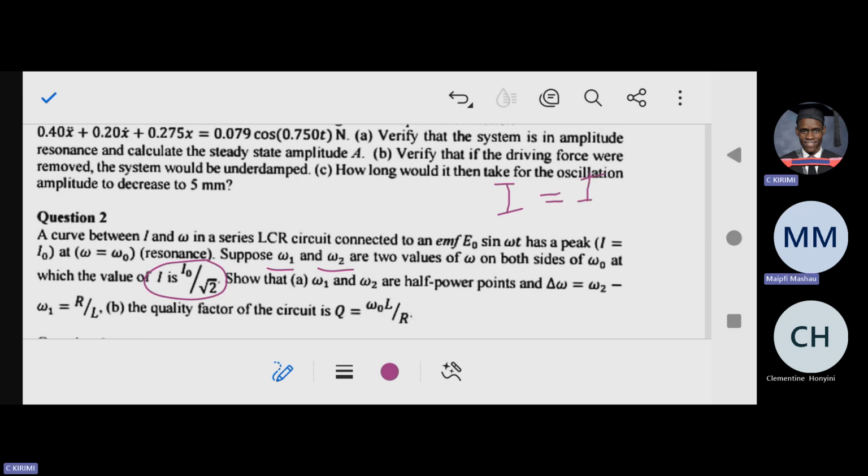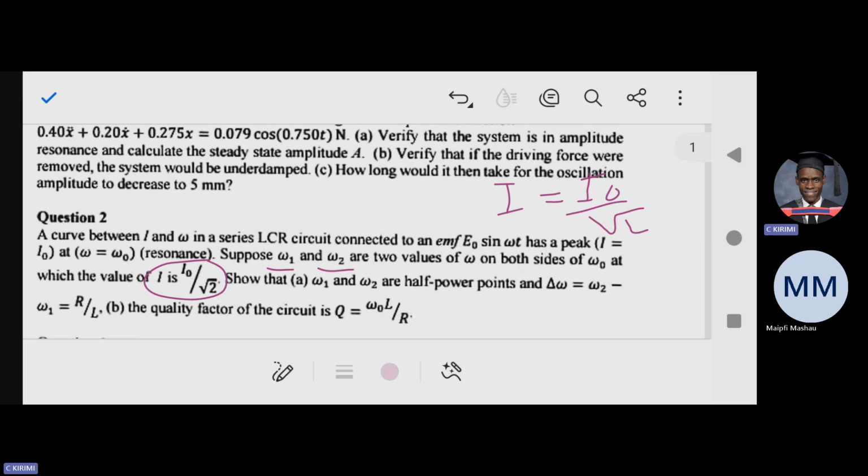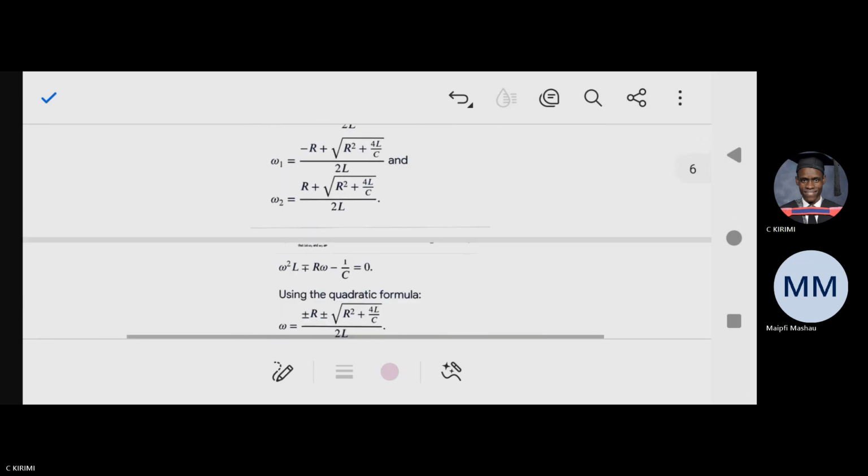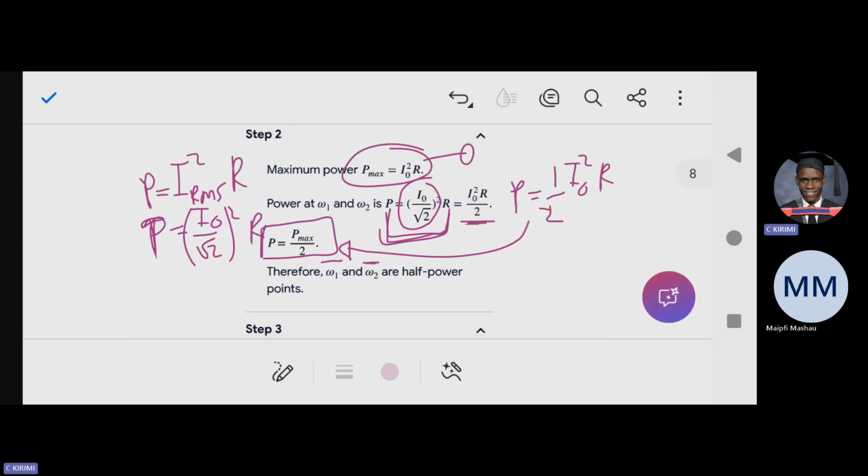So you replaced I in the formula with I naught over the square root of 2. After we simplify everything and square, we find that P is equal to half I naught squared multiplied by R. But in general, P max is I naught squared multiplied by R. So you replace this term with P max. That's what they wanted us to prove.